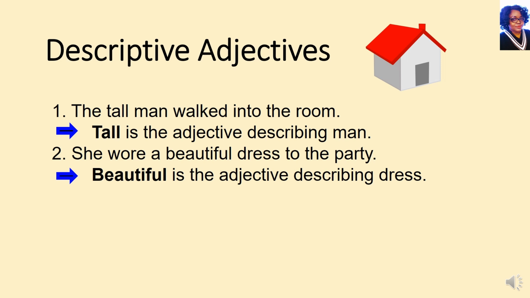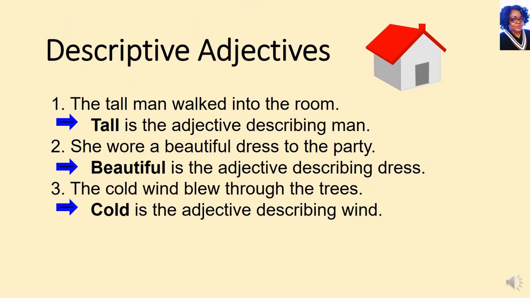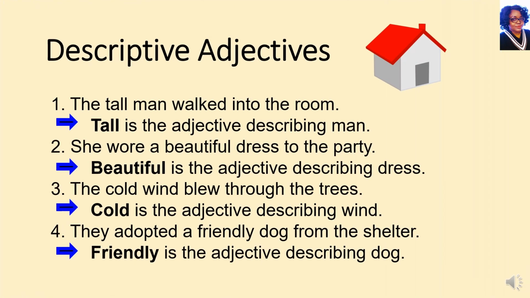Beautiful is the adjective describing dress. Number 3, the cold wind blew through the trees. Cold is the adjective describing wind. Number 4, they adopted a friendly dog from the shelter. Friendly is the adjective describing dog.